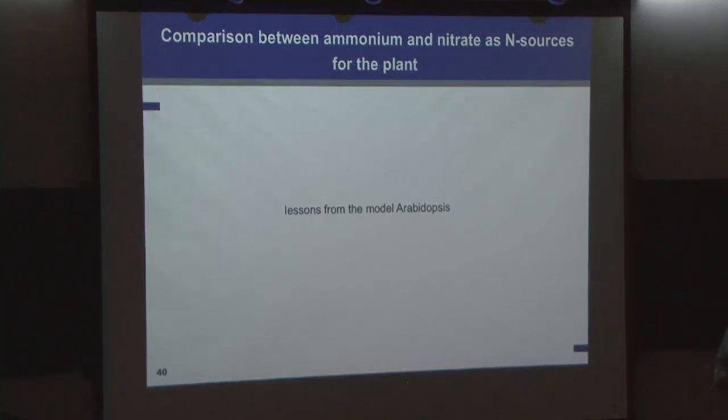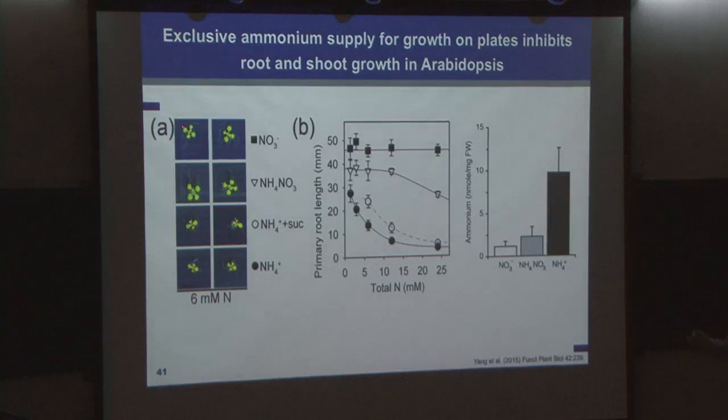This time not in hydroponics, in nutrient solutions, but this time we take agar plates and we grow small plants from the beginning on, from the seed germination on agar plates, and these agar plates contain only nitrate, ammonium nitrate, ammonium plus sugar, or ammonium without sugar.